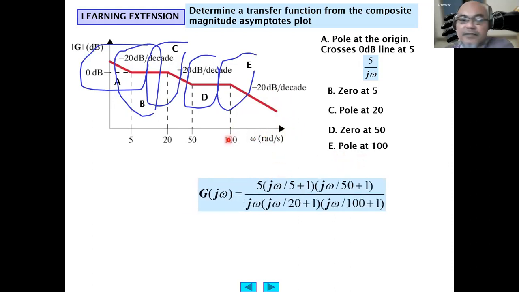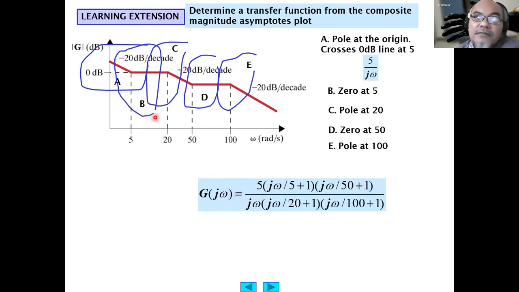So the transfer function becomes H(j omega). The first one here is this one, 5 over j omega. This is the constant K, the pole at the origin. 20 log of 5 over j omega, so negative 20 decibel per decade as a function of omega.